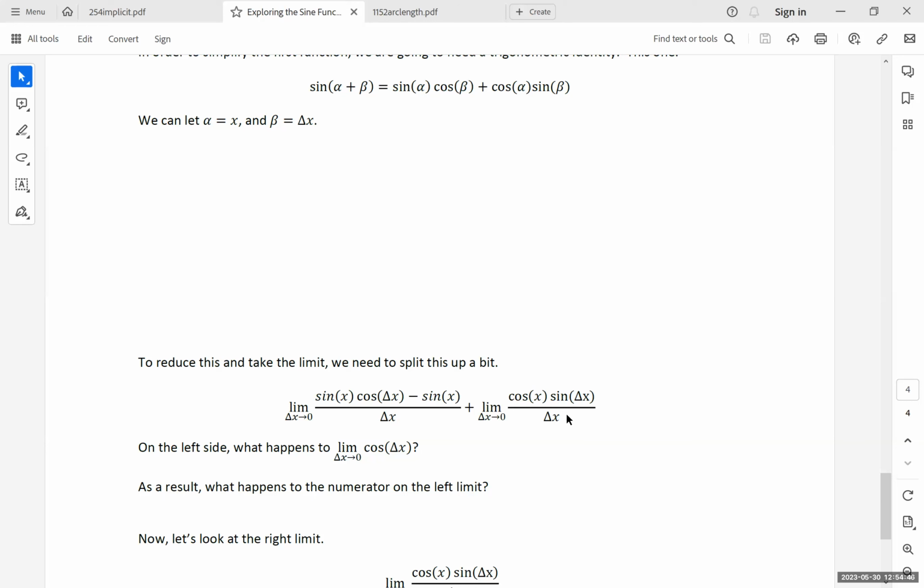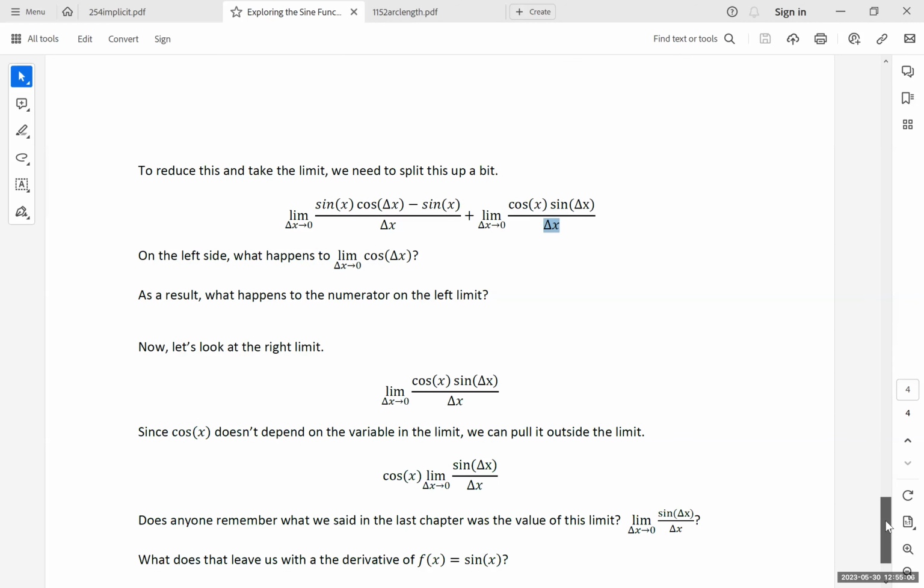On the right side, we have, again, a special limit, sine of something over the same something. That limit, again, we can do it numerically. That is going to be equal to 1 when delta x goes to 0. And it's going to leave us with the cosine x because of this factor.